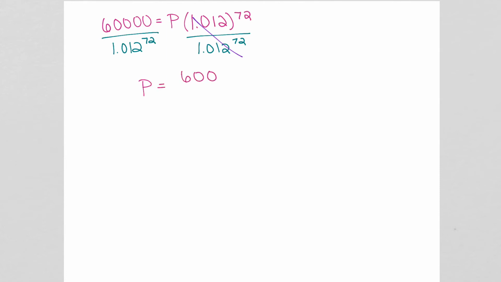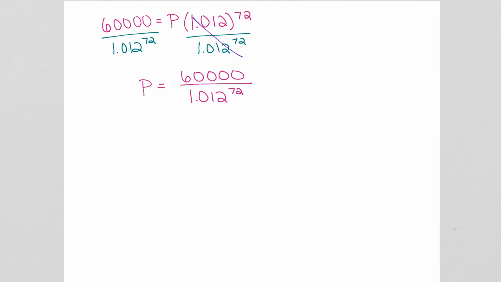So in your calculator, you're going to put 60,000 divided by 1.012 to the 72nd power. You can just put that in your calculator.